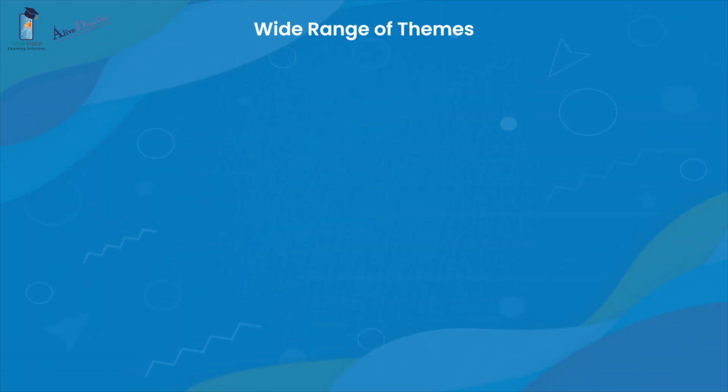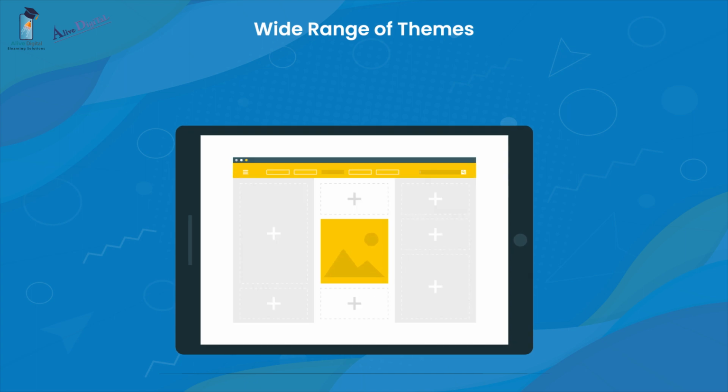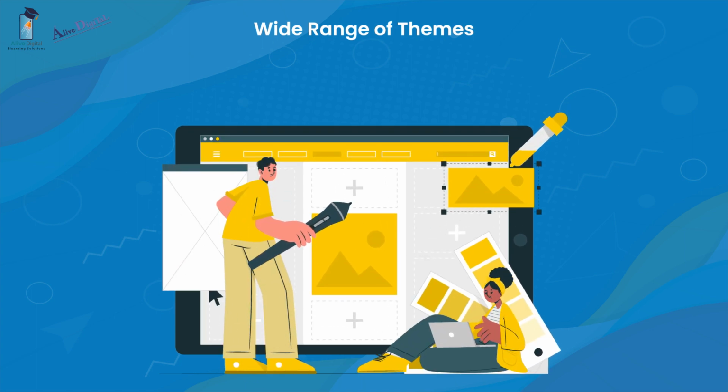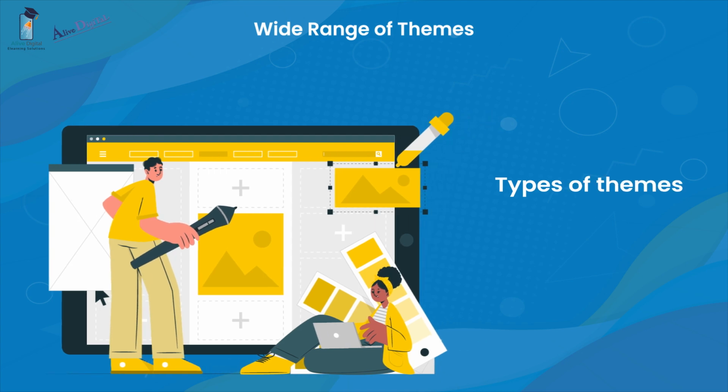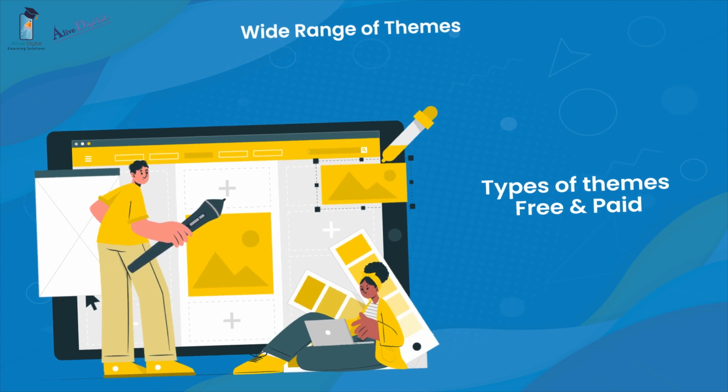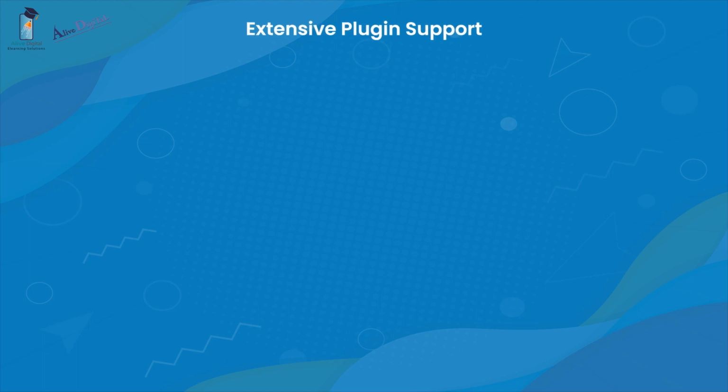Wide range of themes. WordPress provides a vast library of themes, both premium and free, that cater to different industries and design preferences. You can choose a theme that suits your website purpose and customize it as per your liking. Extensive plugin support.